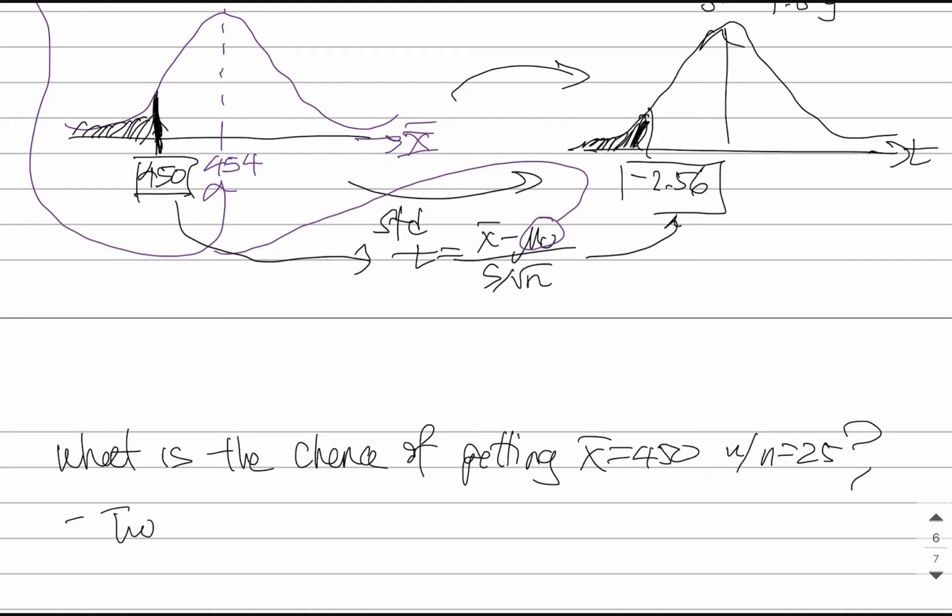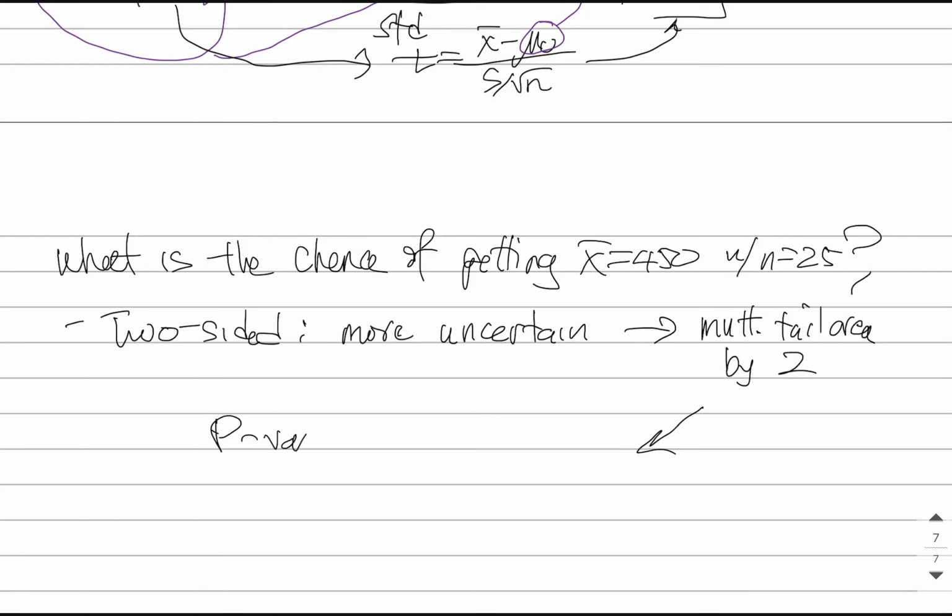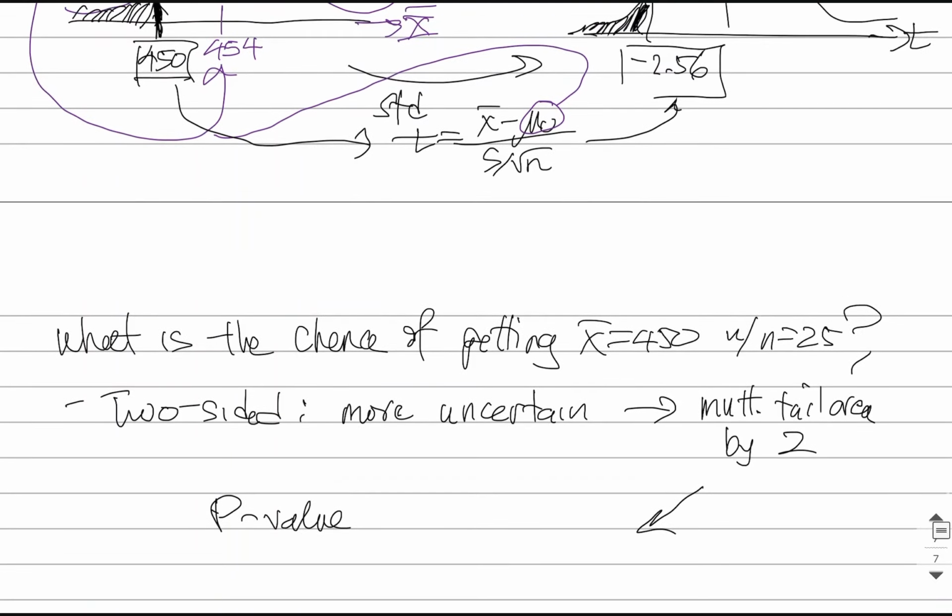Now, for a two-sided alternative, we are more uncertain. And so the idea is that because it's a two-tailed test, a two-sided, we are going to multiply the tail area by 2. We are going to say that the p-value in this problem is going to be the probability that t will be less than or equal to negative 2.56 in a t24 distribution.